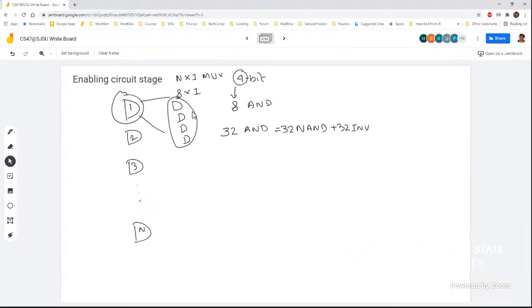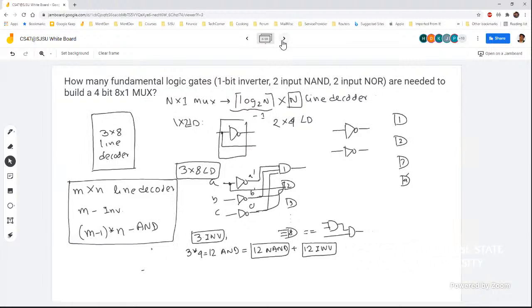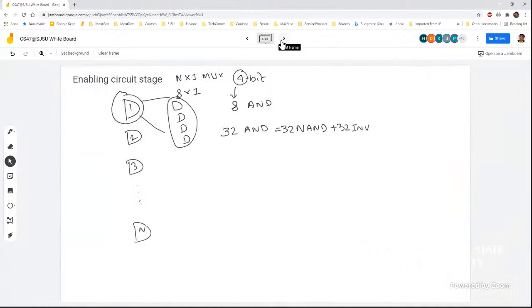Okay, so let's bring out the other calculation from here. So we have 3 inverter, 12 NAND, 12 inverter. So for the decoder, let's note it down: we have 3 inverter, 12 NAND, 12 inverter.